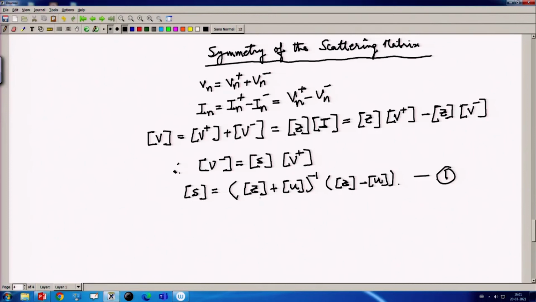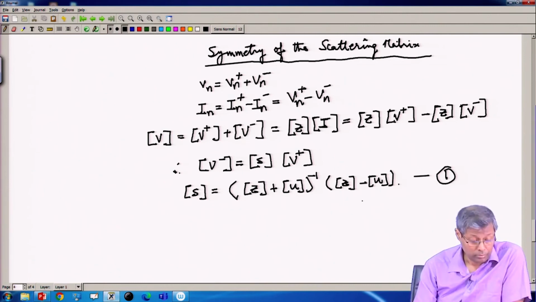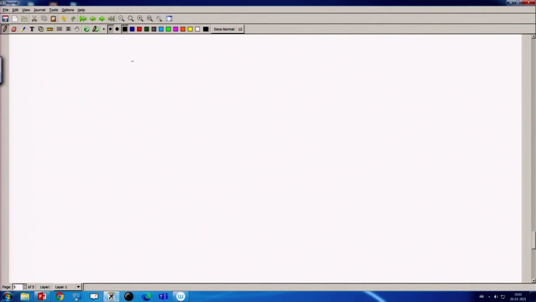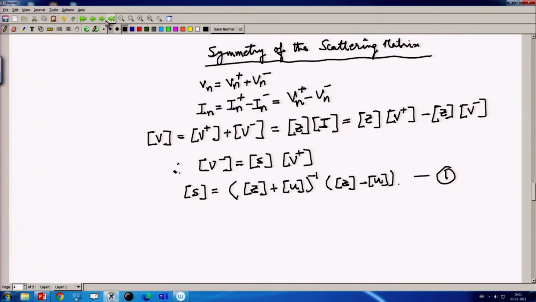So, S is given by Z plus U inverse times Z minus U, where U is the unit matrix.